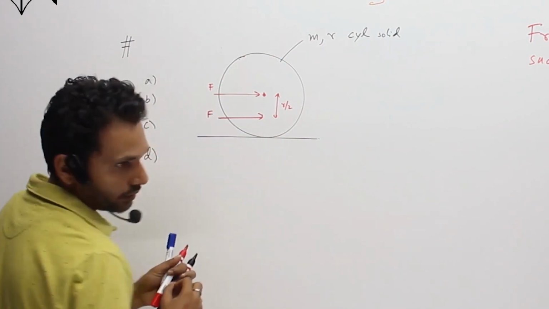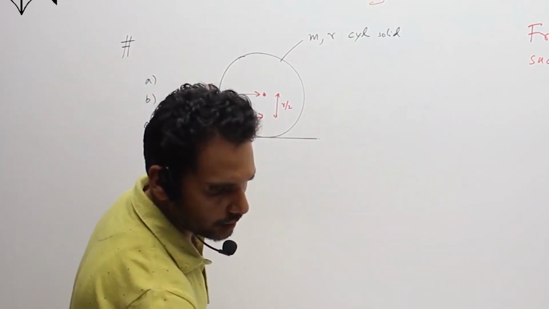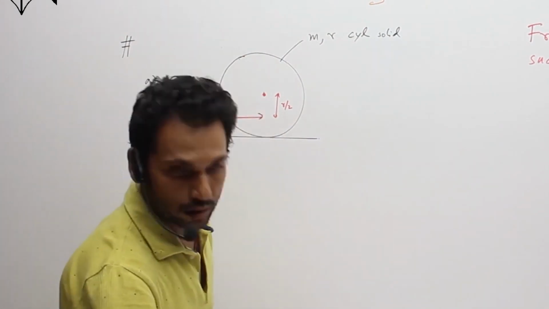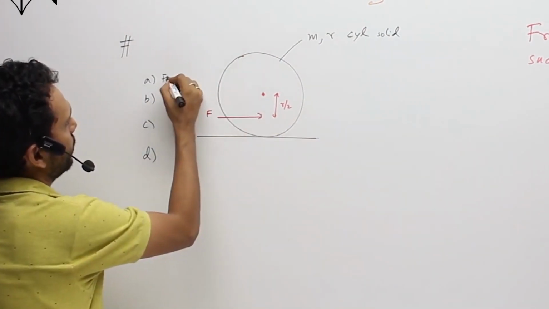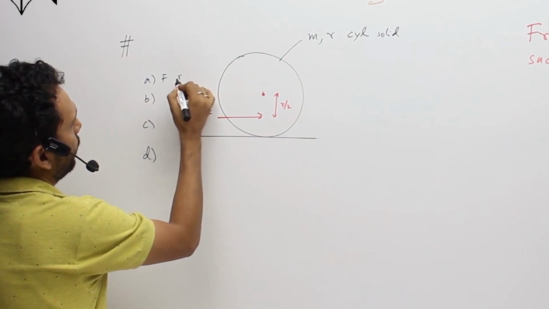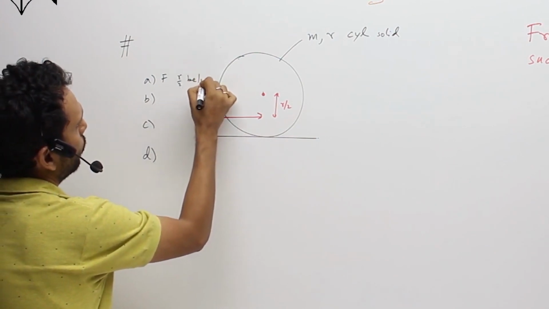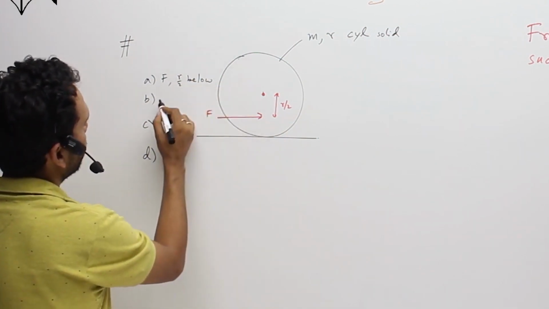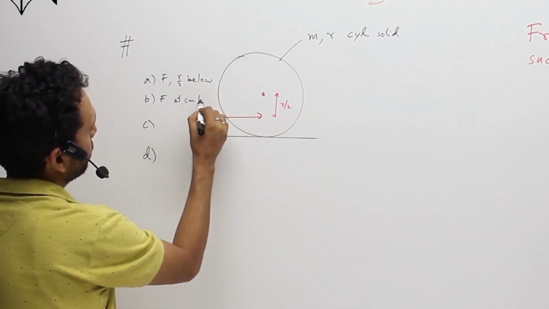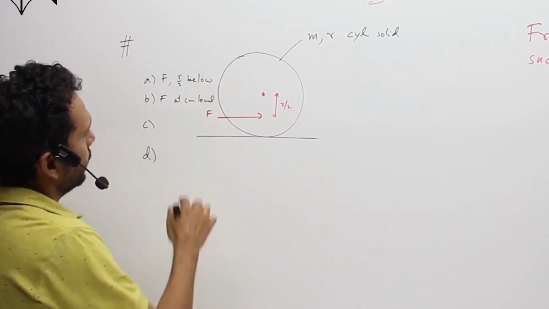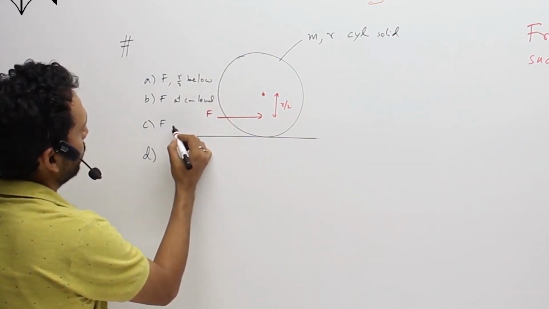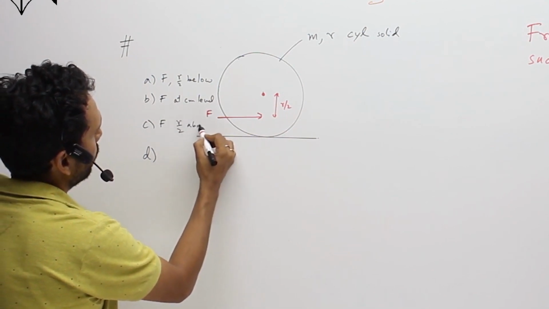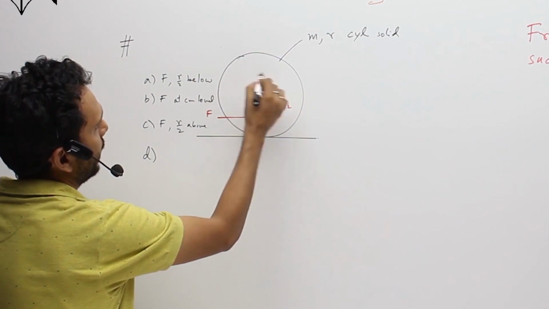So you have various cases. So case A, F is r by 2 below center. Case B, F is acting at the center, at CM level. Case C is F is acting r by 2 above CM, so it is acting over here.